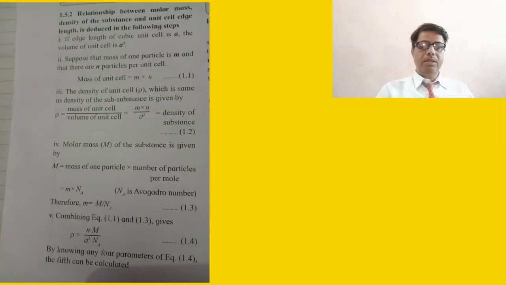How is mass calculated? In equation 1.1, mass of unit cell equal to m into n divided by A cube, that is the density of the substance, or say unit cell. This is equation 1.2.